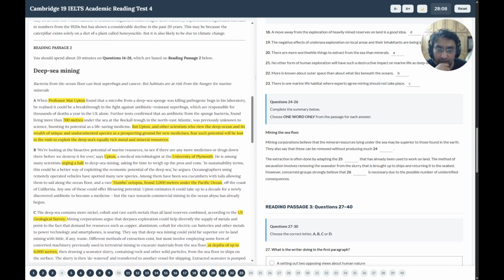The extraction is often done by adapting the dash that has already been used to work online, by adapting the methods, equipment. However, concerned groups strongly believe that dash is necessary due to the possible number of unidentified consequences. Caution, maybe, that these can be removed without producing much.